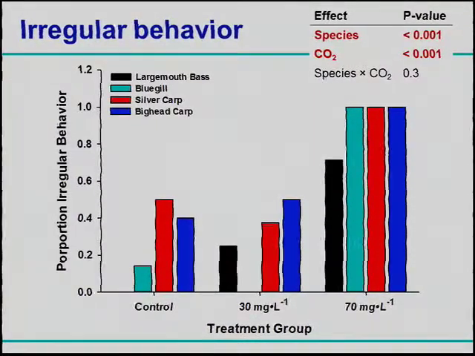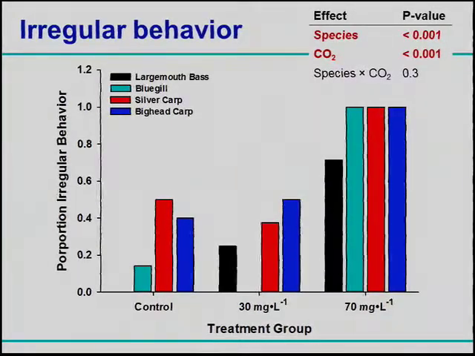What we have here are irregular behaviors during that 3-hour period. We're looking at things like surface ventilations of the fish, twitching, which they would eventually start to do, gill flaring, intermittent breathing. These kinds of things are what I mean by irregular behaviors. The y-axis there is the proportion of fish showing those irregular behaviors. We've got the control fish and the low, medium, and high carbon dioxide exposure with the concentrations.